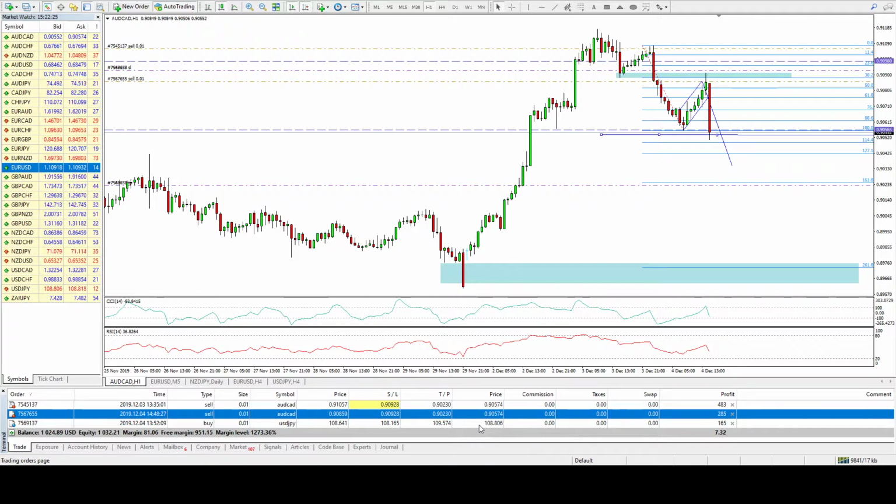We want it to go down and stay below 90.53. That's what we want. That gives us assurance that the price is going to continue going down.